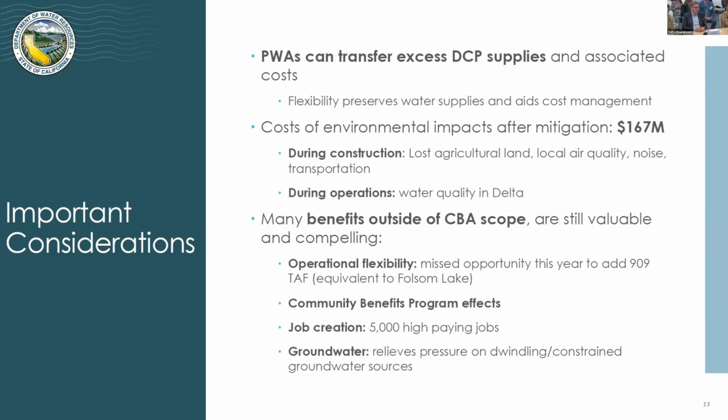Because we do that, there are certain instances like what you had this year where there might be a period of a few days or weeks where there's an opportunity to grab some additional water with the DCP in place. And this year, for example, I'm sure you've heard this number before, if we had had the DCP operating now, we could have added 909,000 acre-feet to State Water Project deliveries, which is about equivalent to the water held in Folsom Lake.